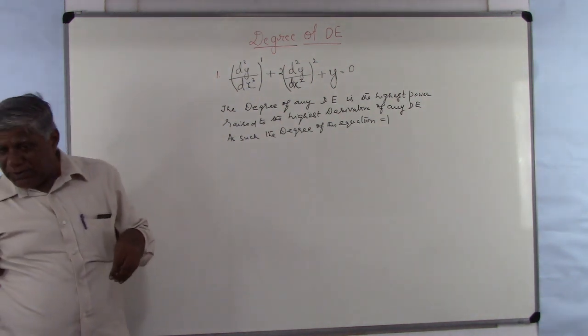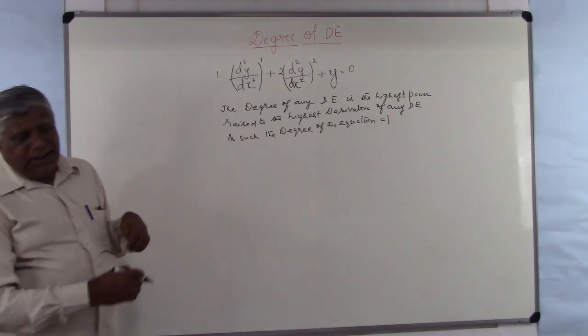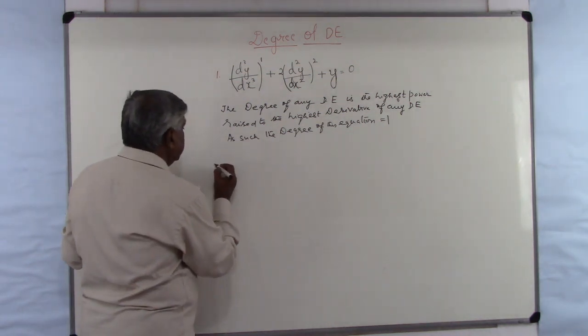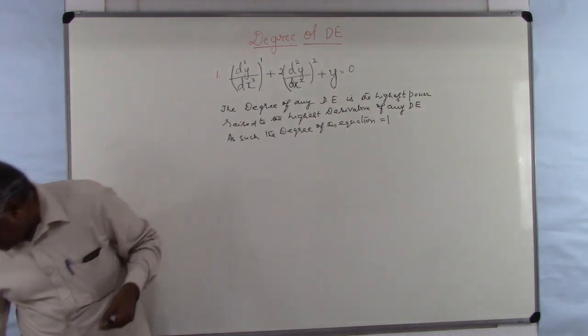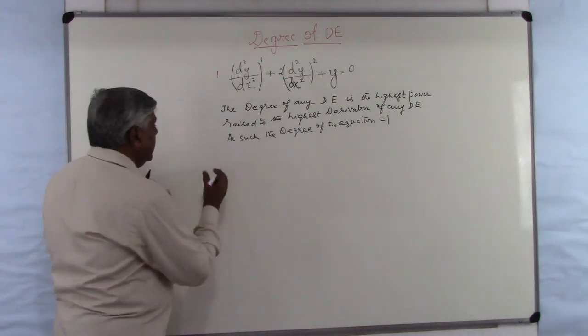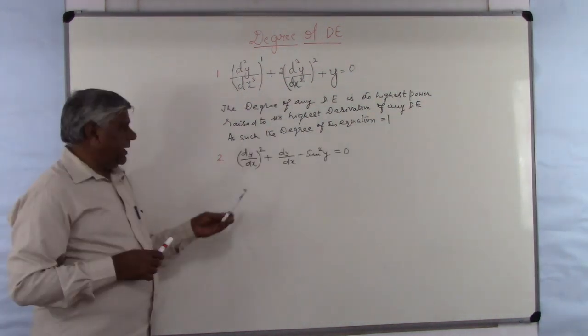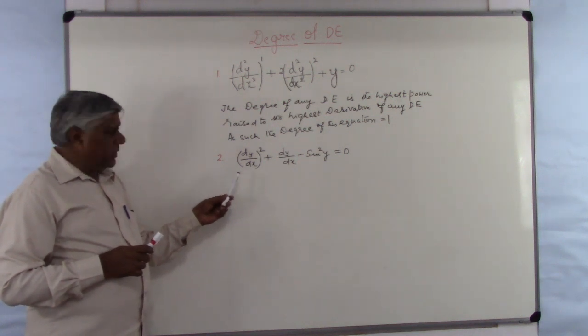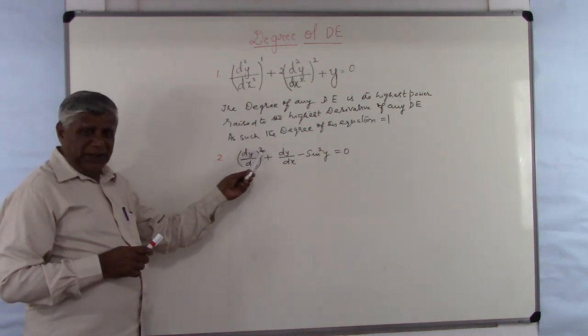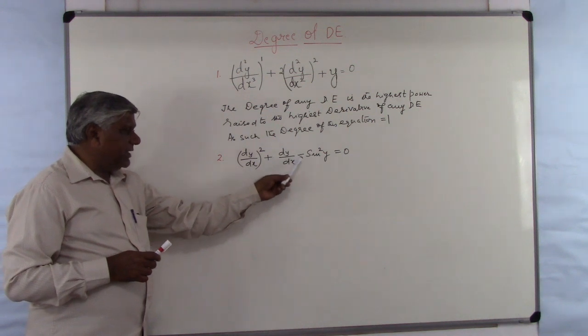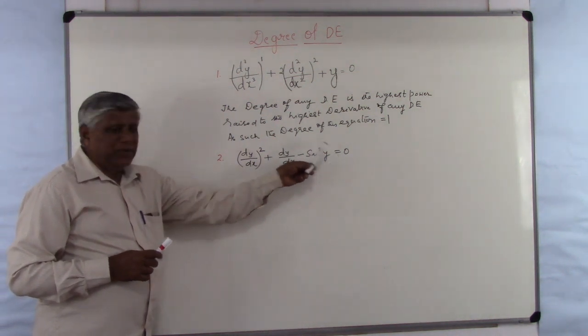Next example we shall see, with dy by dx whole square. In this second equation, you can see dy by dx whole square plus dy by dx minus sin square y is equal to 0.